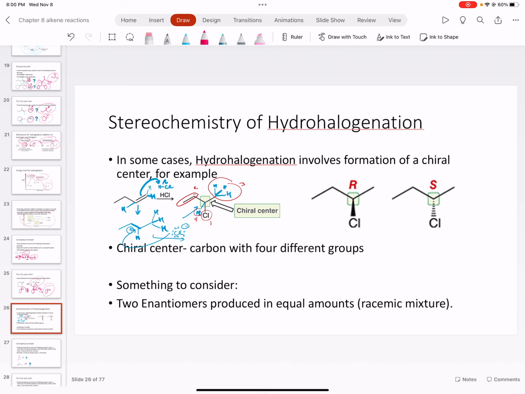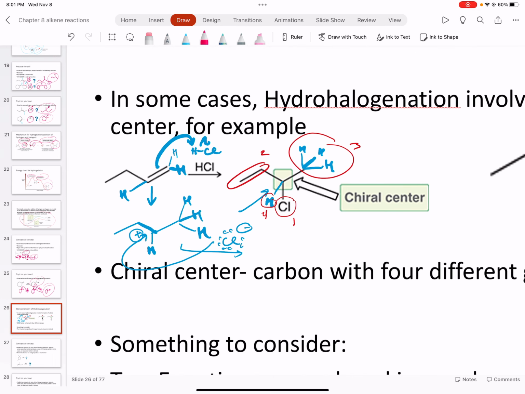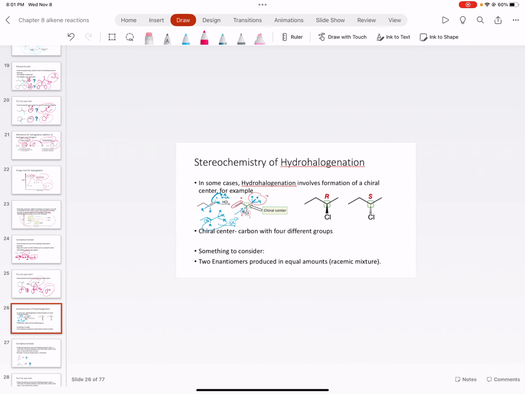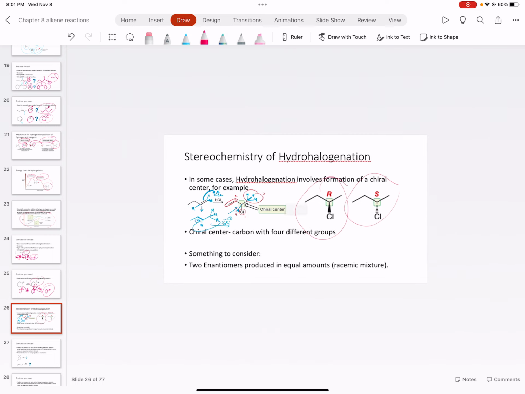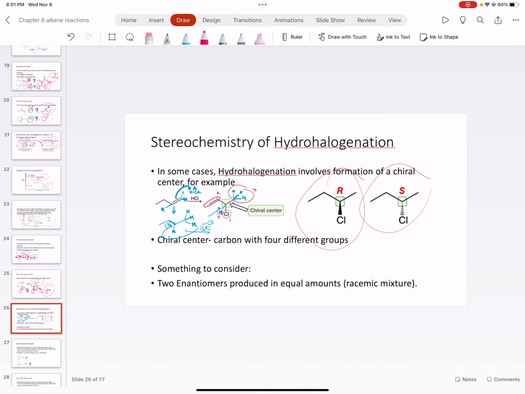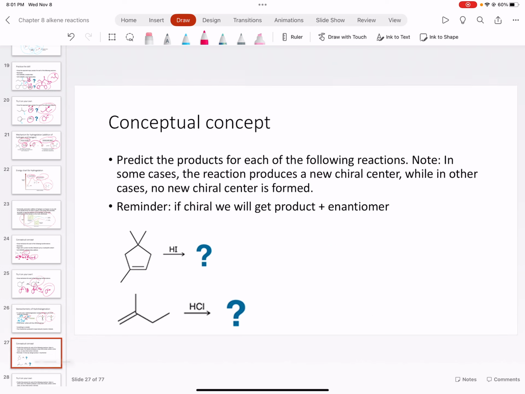For example, you can have a double bond, but we add our hydrogen, we get our chlorine, and sometimes out of that we're going to create a chiral center. Remember that a chiral center is a carbon with 4 different groups. Some things to consider: two enantiomers produced in equal amounts create a racemic mixture.